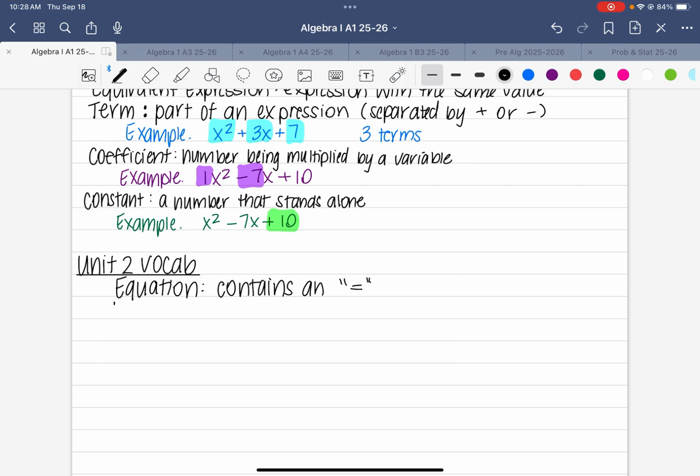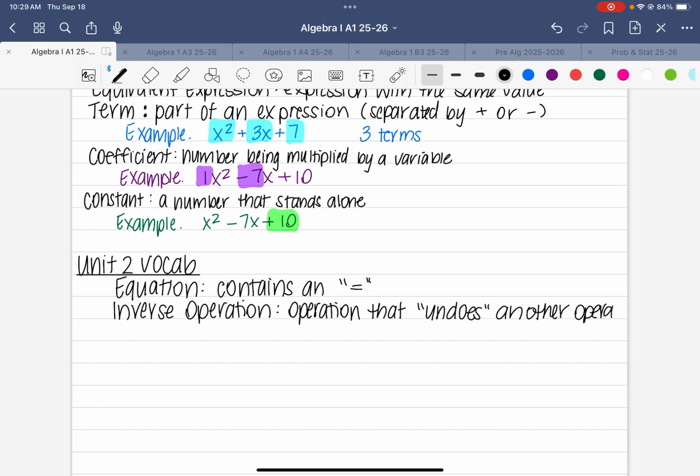The other definition that we're going to have is, what is an inverse operation? You know operations to be add, subtract, multiply, and divide, okay? But an inverse operation is an operation that undoes another operation.